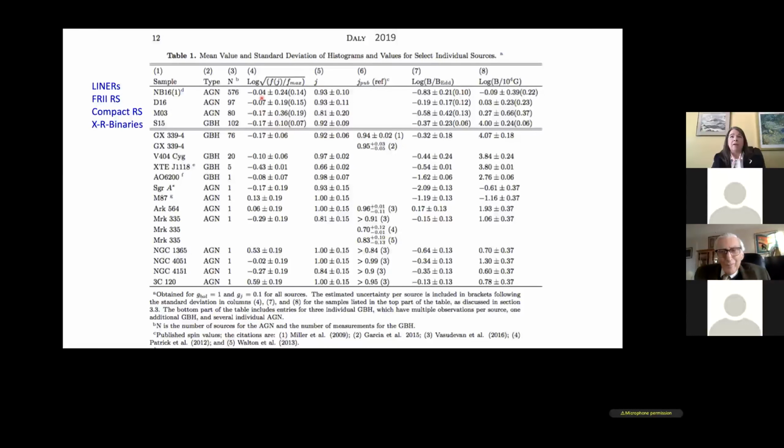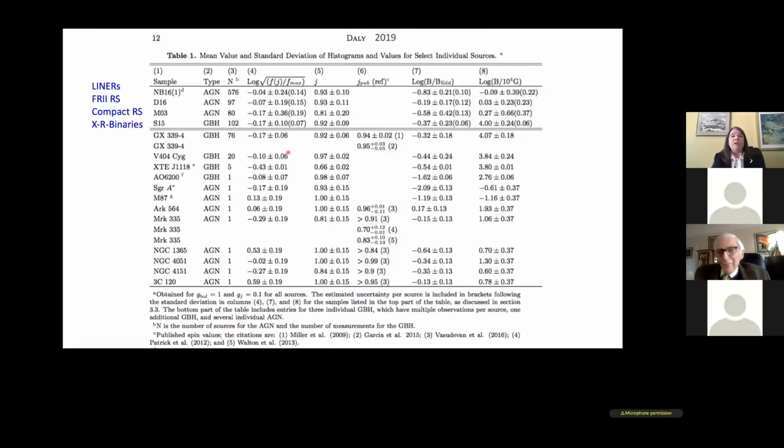So in mapping from capital F to the spin J, this pulls down J a little bit for the full distribution because the sources that had capital F greater than 1 got mapped to a spin J of 1. And the dispersion here is the dispersion of the population.